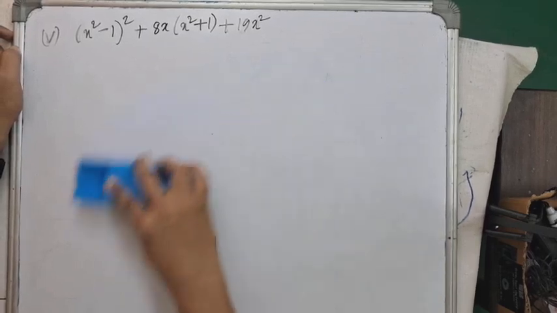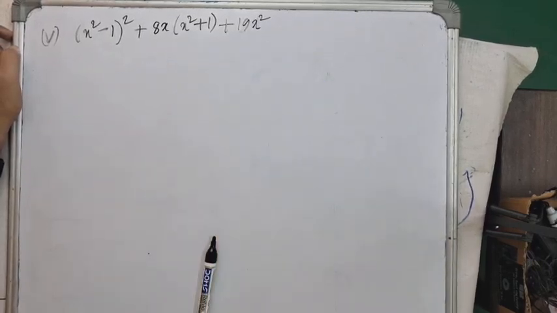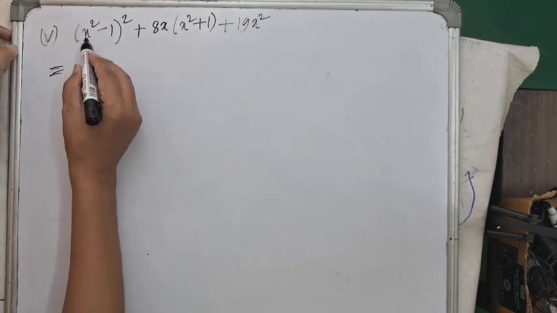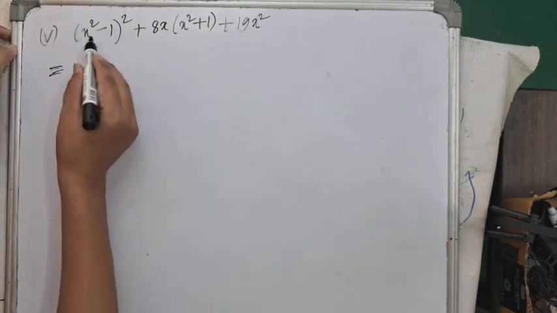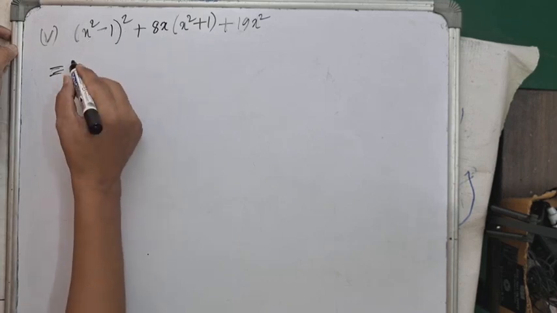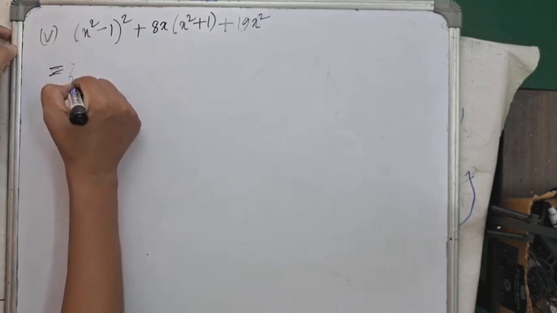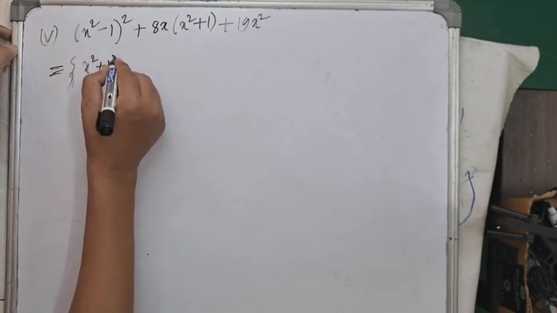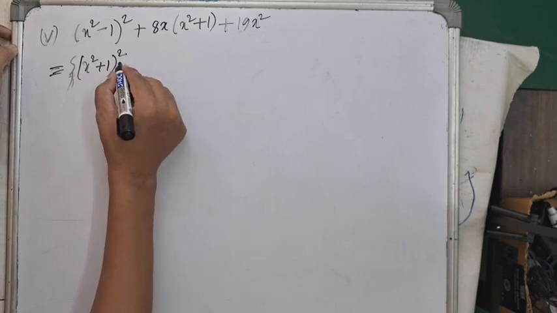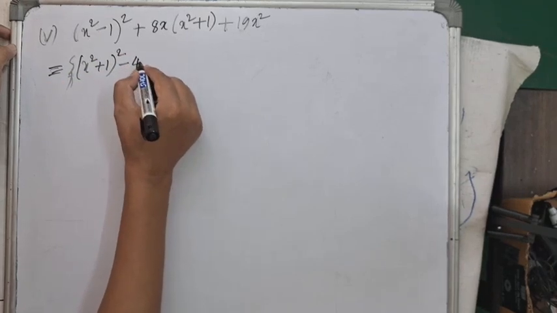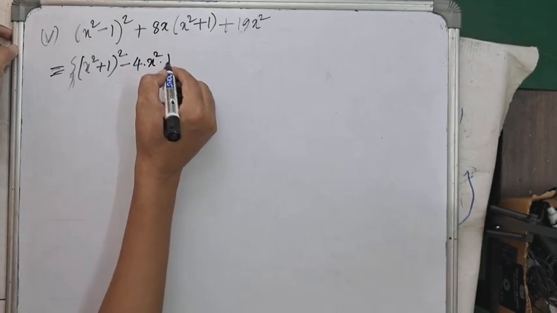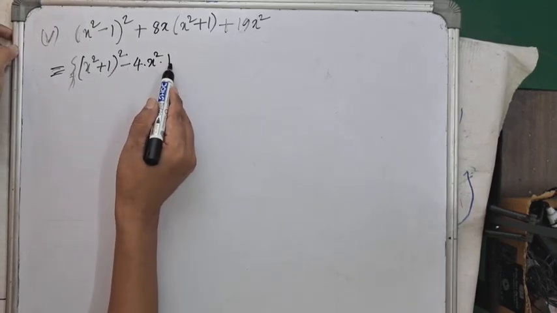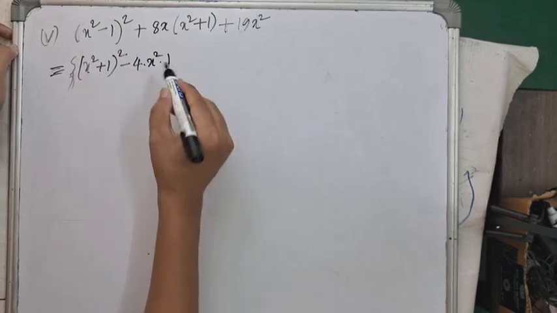Now I am changing x square minus 1 whole square to x square plus 1 form, okay? This is a minus b whole square. So let me write this as a plus b whole square minus 4ab. A plus b whole square minus 4ab means a minus b whole square, okay?